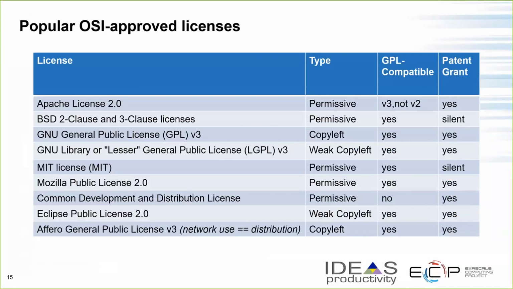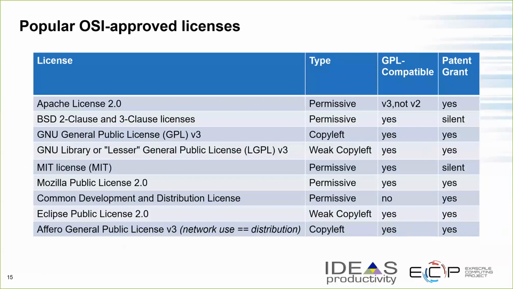So just to put some licenses that you've probably heard of into context, I put together this table. It shows some of the common licenses, whether these are open source, and whether they're permissive or copyleft. In some cases, there's a concept of a weak copyleft, like the Lesser GPL. I talk a little bit about compatibility with GPL, which is one of the key licenses from a compatibility perspective.